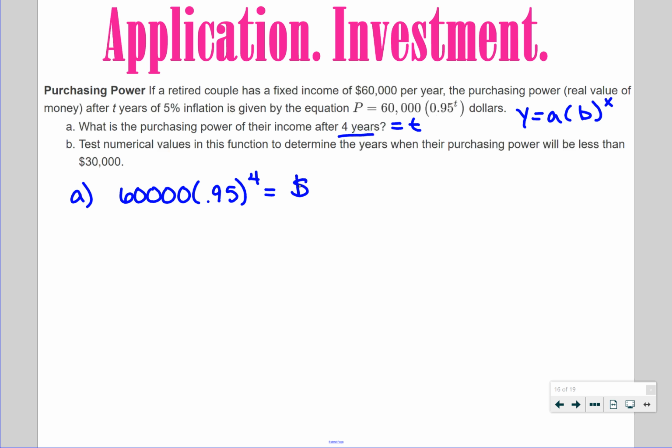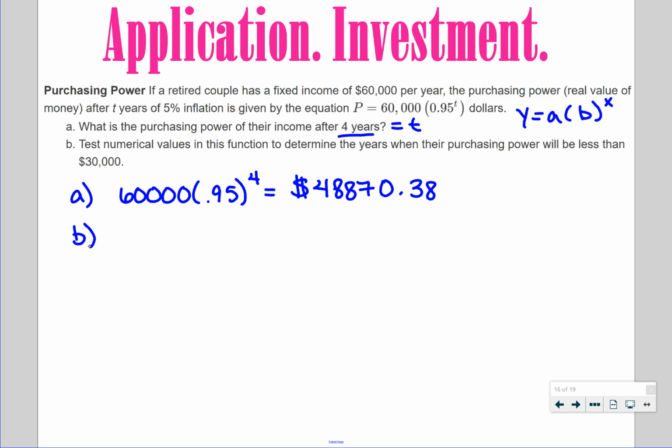I'm going to round to 2 decimal places here, $48,870.38. So $60,000 today will buy us 48,000 and change, maybe $49,000 worth of merchandise based on inflation 4 years from now.